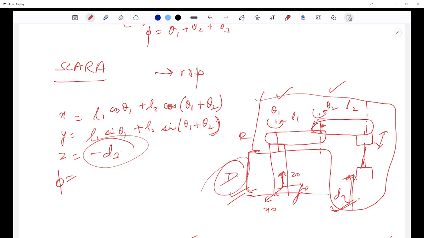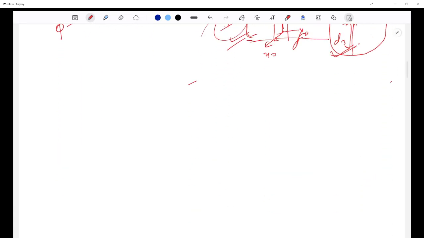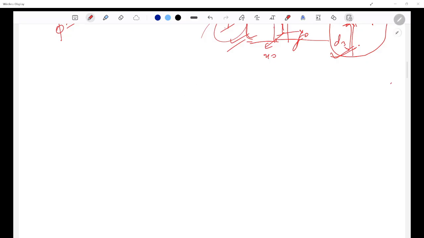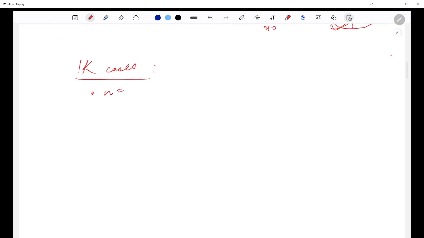Okay, so from the slides, if you remember, I'm not going to prove it, but in inverse kinematics, what happens if your degrees of freedom is equal to lambda?